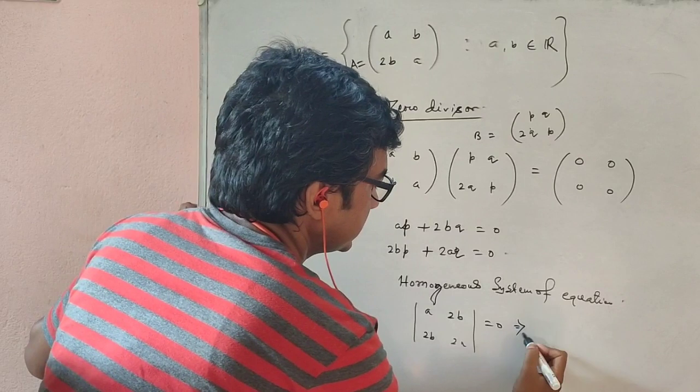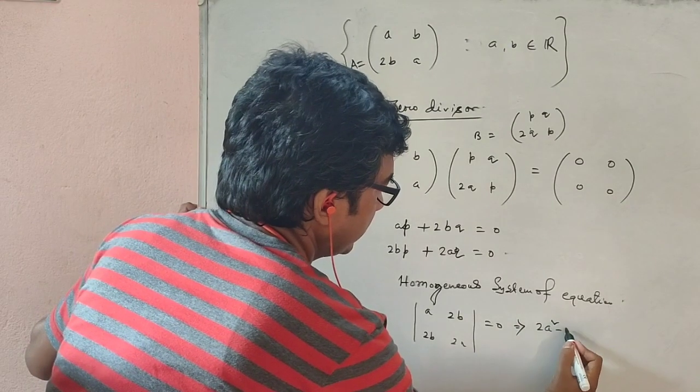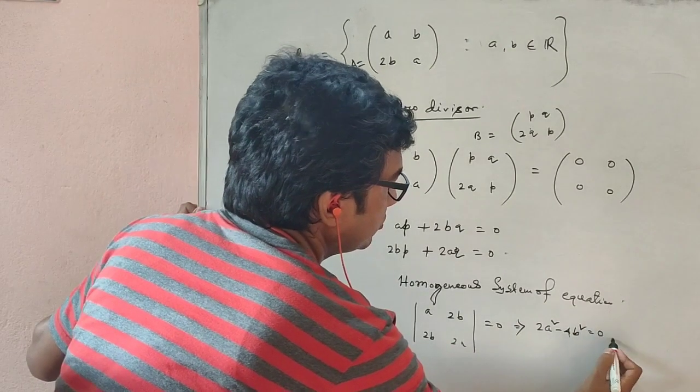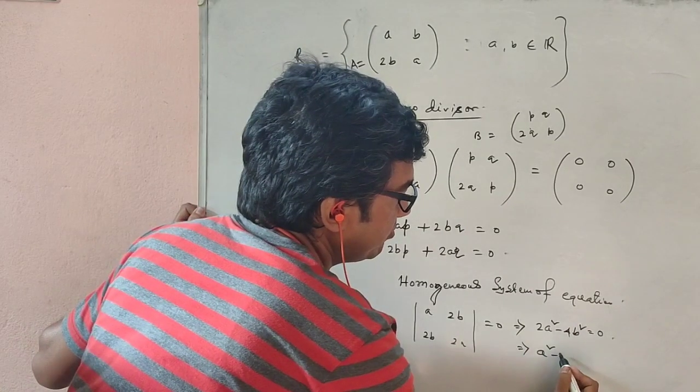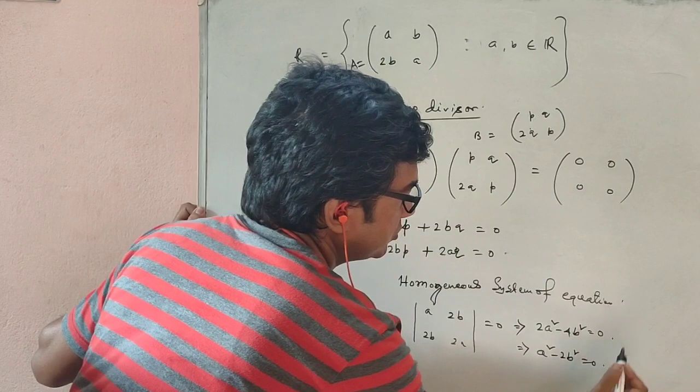That is 2A square minus 4B square equal to 0, that is A square minus 2B square equal to 0.